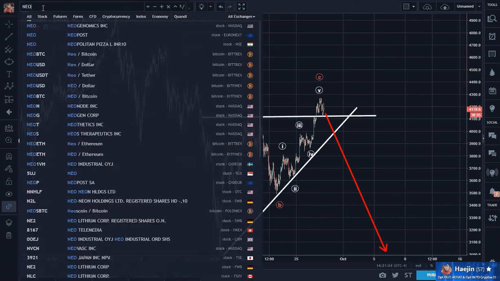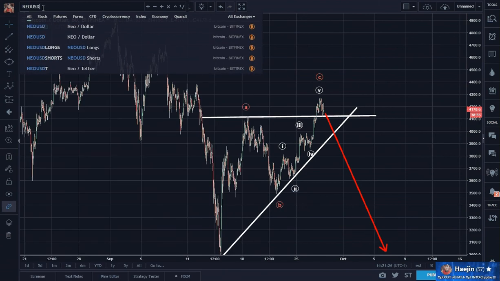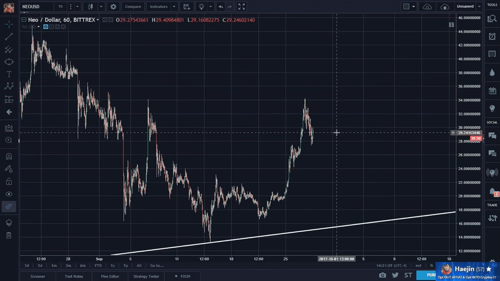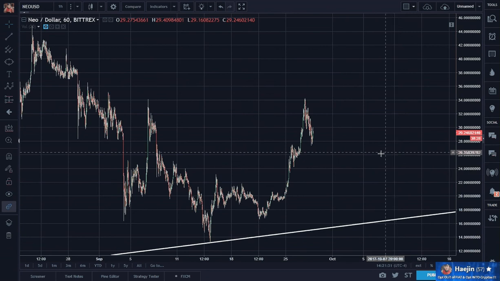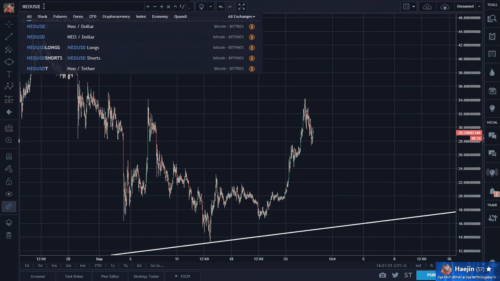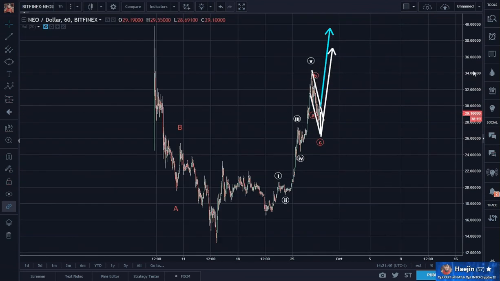That amongst the altcoins, there could be a leading coin. A coin that is leading the pack with regards to direction.